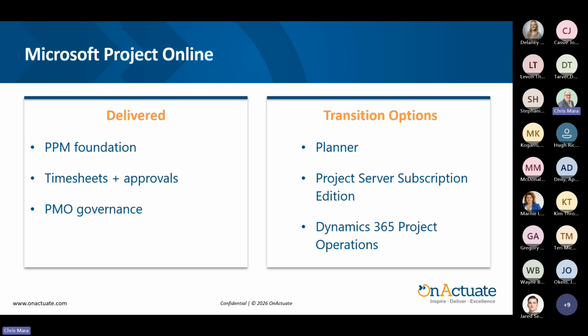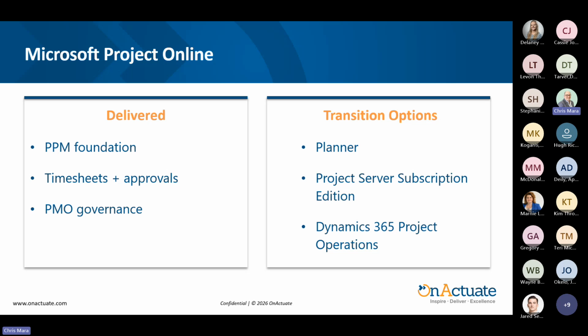It also gave you a fair amount of reporting and transparency. So PMO and executive dashboards, Power BI integration, and portfolio level visibility for leadership. But one of the key differentiators for many agencies was timesheets and approvals. Project Online supported structured time entry and approval workflows at an enterprise scale.